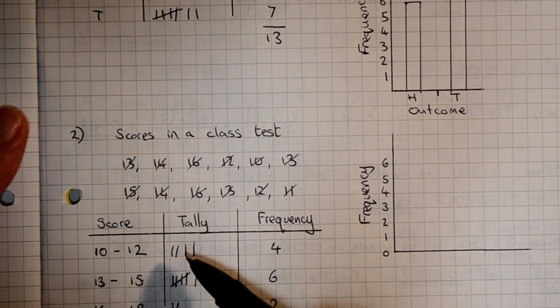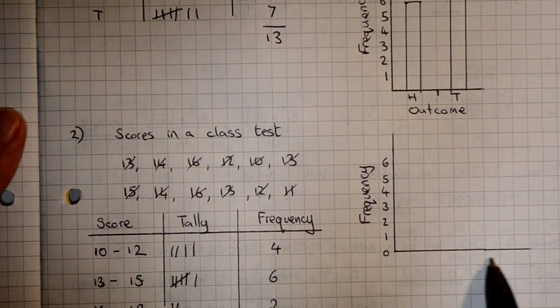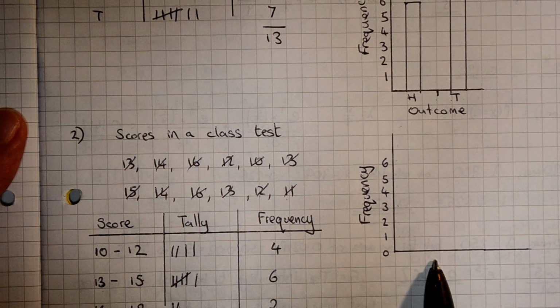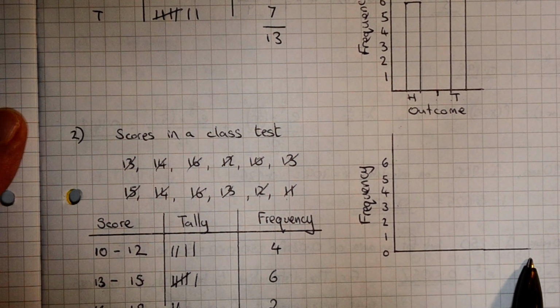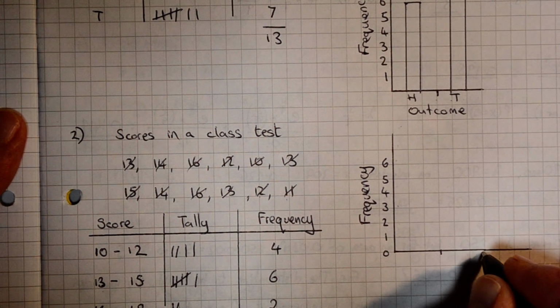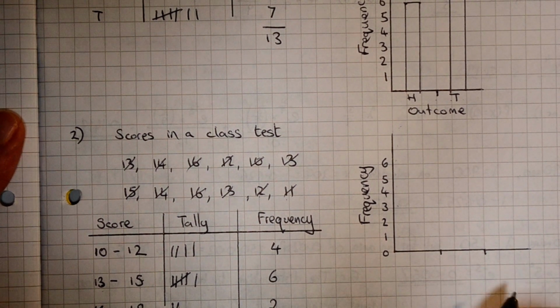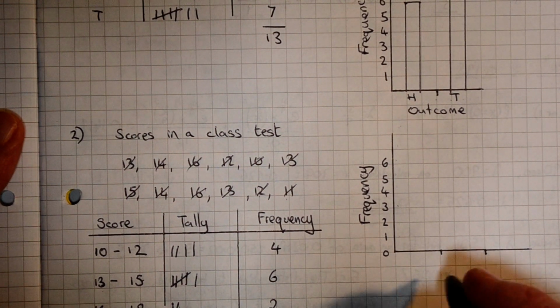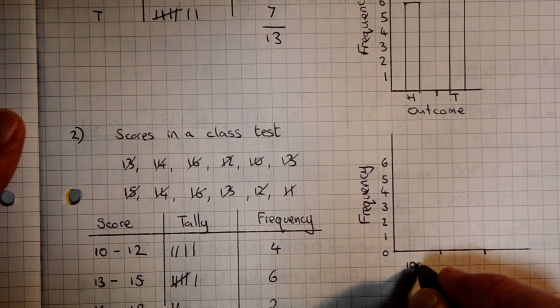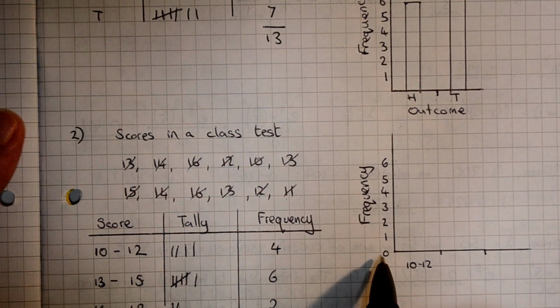And now we've got 3 different categories, and we're going to have 3 bars, so we need to divide this line into 3. How many squares are there? So there's 9 squares, so 9 divided by 3. So there's 3 gaps with 3 squares in each. So our first category is 10 to 12. I'm not doing a scale, notice. It's not like this, where I'm going up 0, 1, 2, 3, 4 and so on.